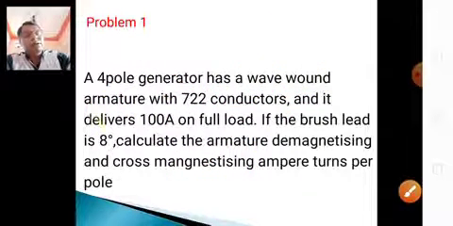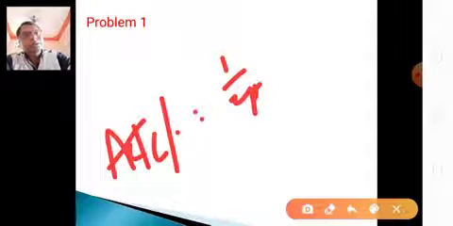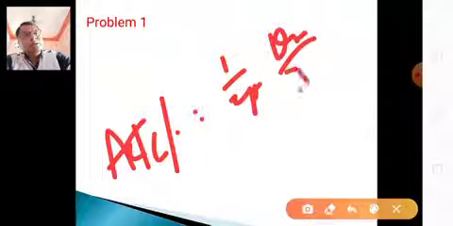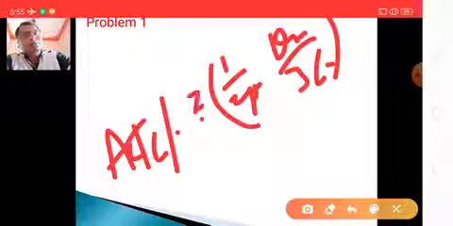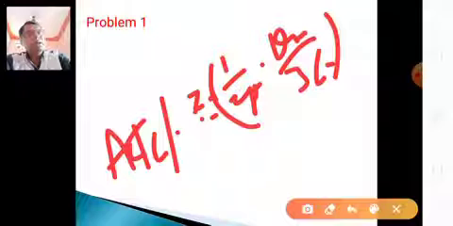And the cross magnetizing formula is ATC per pole equal to Z into I into 1 by 2P minus theta m by 360.